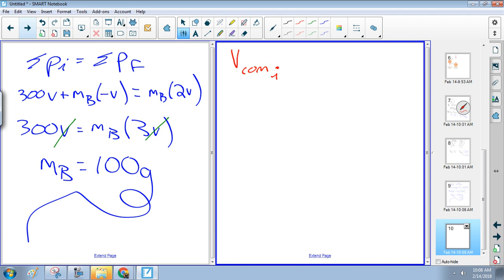So it tells us the initial speed is 2 meters a second. So I should do the velocity of A initially times the mass of A plus the velocity of B initially times the mass of B over the total mass, right?